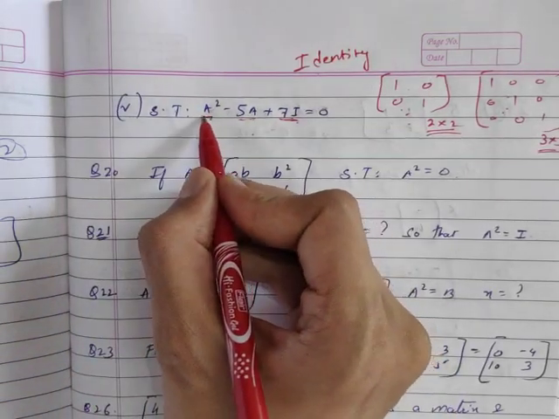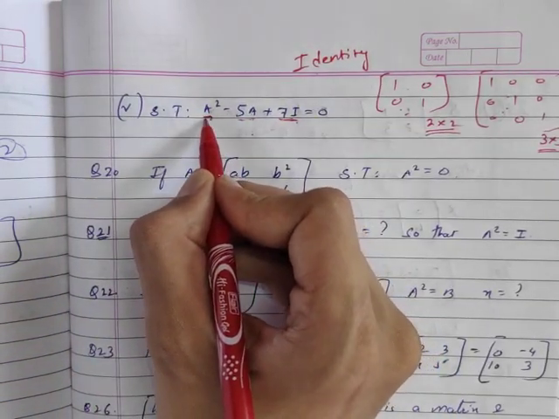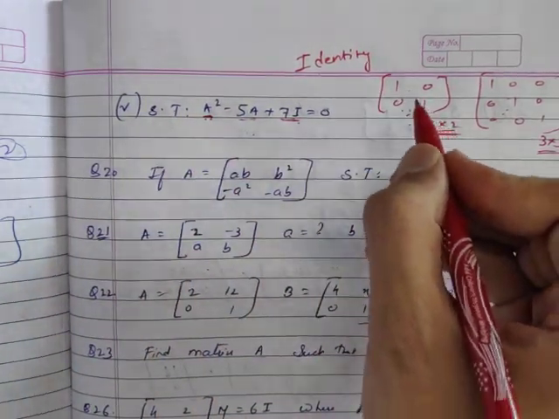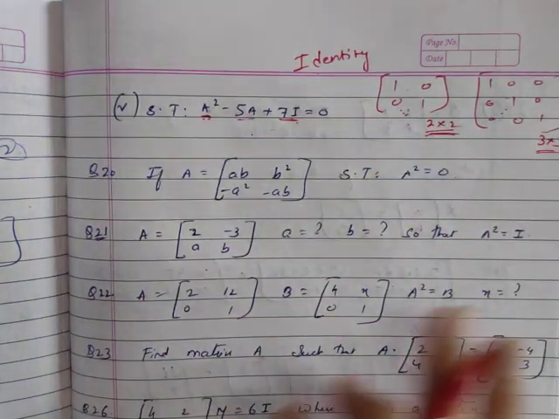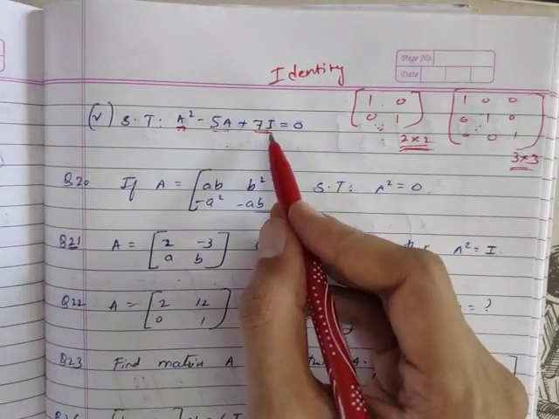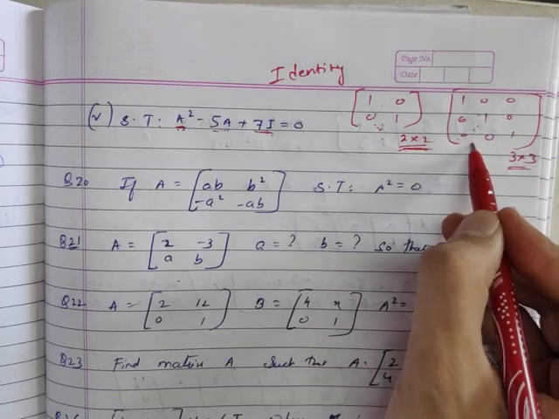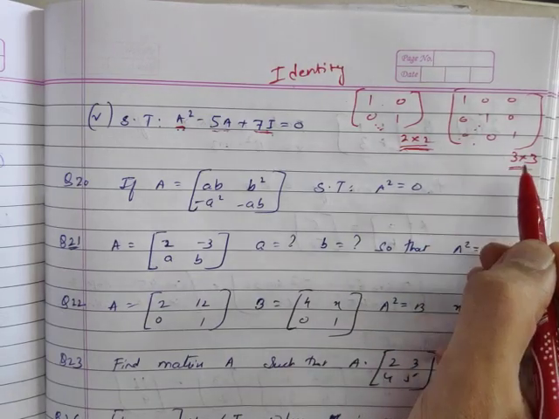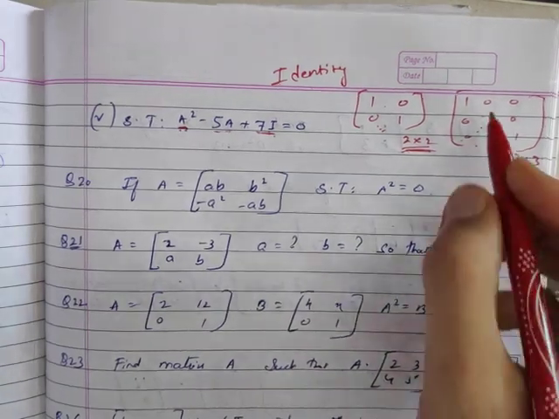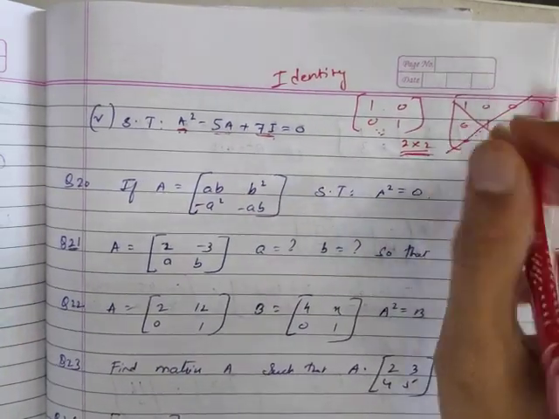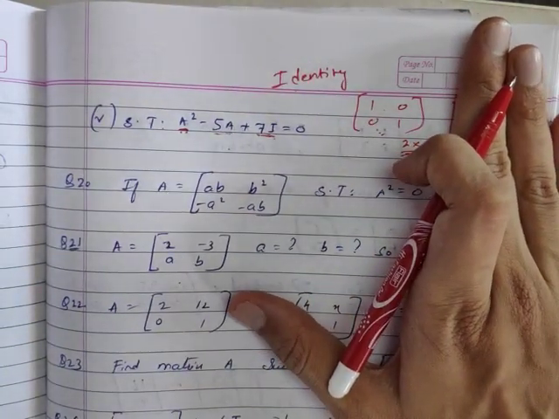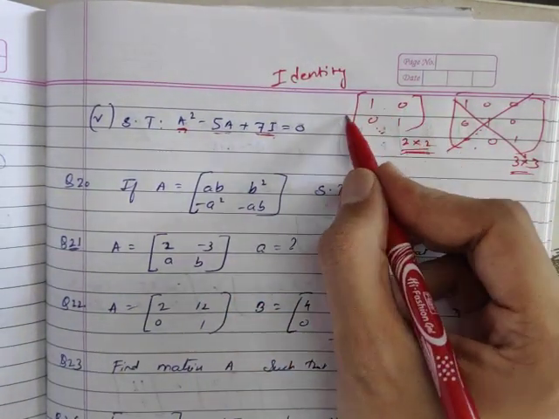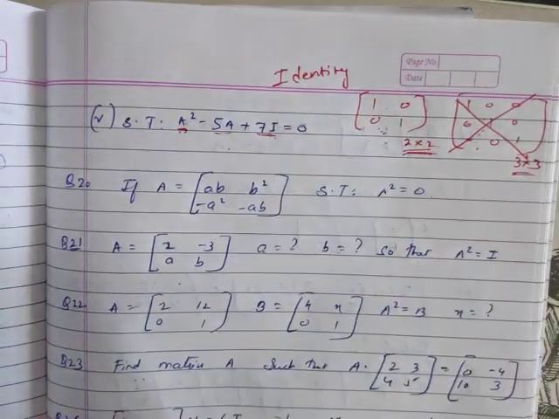If the A matrix given in the question is 2 cross 2, your I also has to be 2 cross 2. If the question gives a 3 cross 3 matrix A, then I'll go for 3 cross 3. But 99% of times you don't need this. In fact, 100% of times you are only dealing with 2 cross 2 matrices. Don't worry.